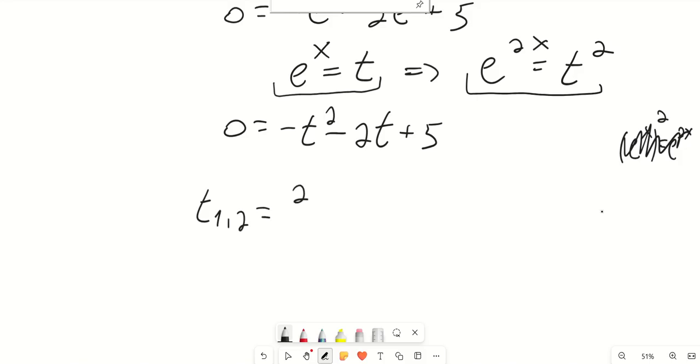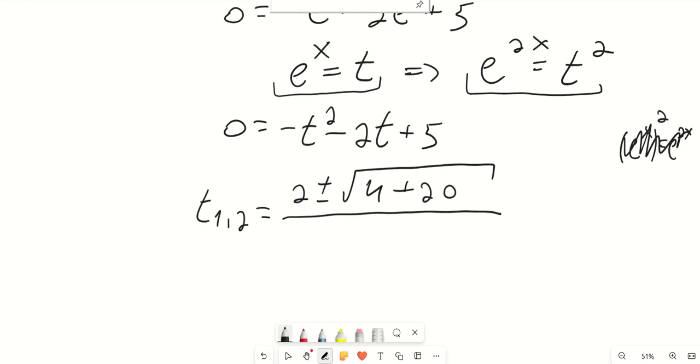So I get 2, plus or minus the square root of negative 2 squared, minus 4 times minus 1 times 5, so it's plus 20, and divided by minus 2 because it's 2 times negative 1.